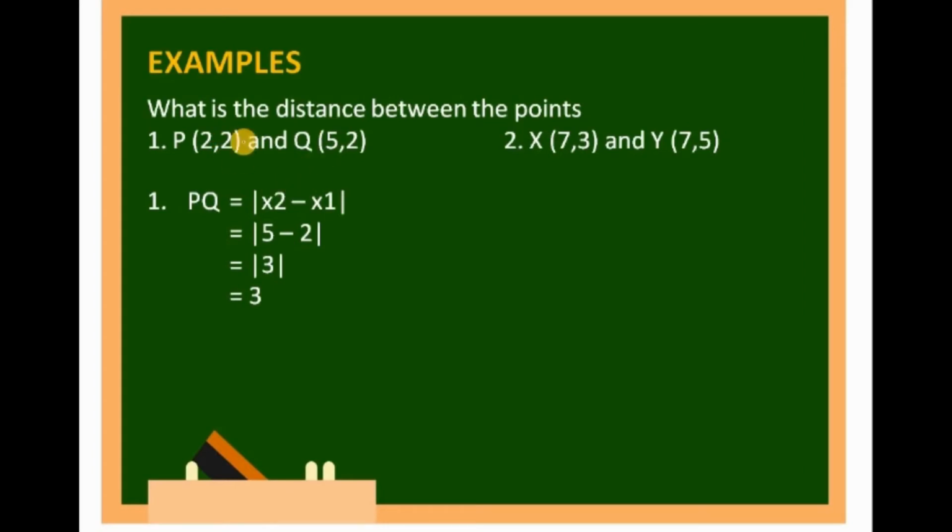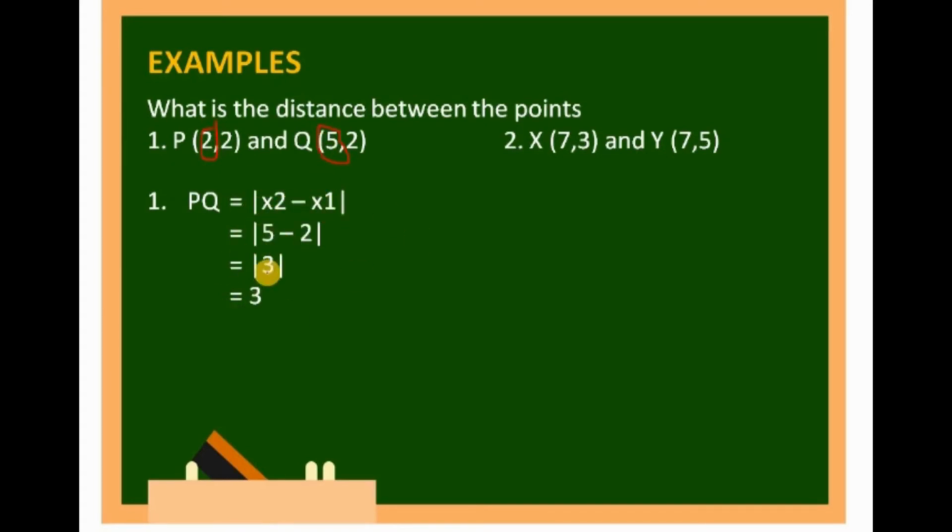So they are parallel to x-axis. What is the formula if they are parallel to it? x2 minus x1. Here x2 is 5 and x1 is 2.